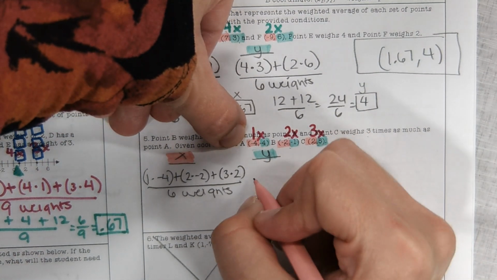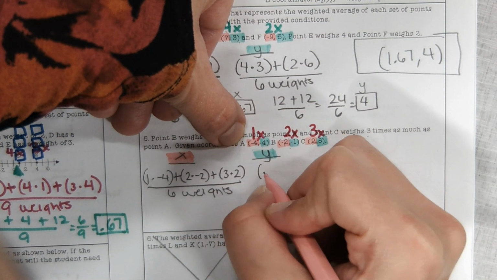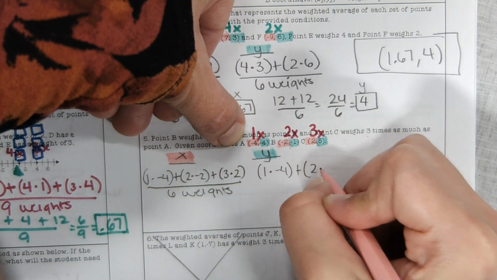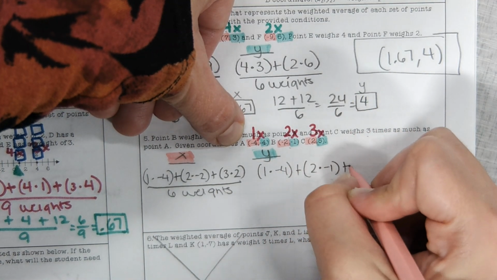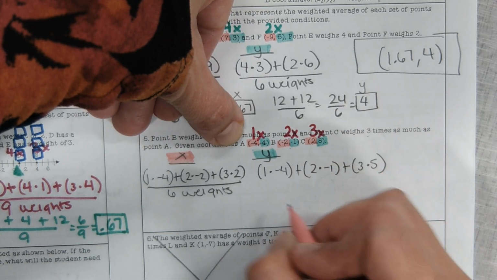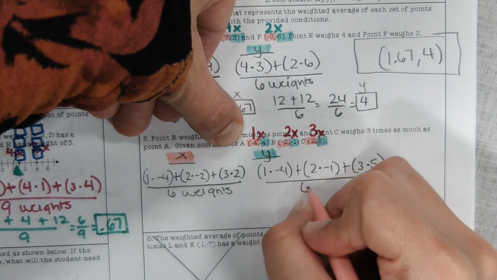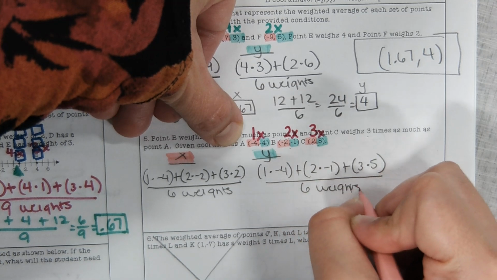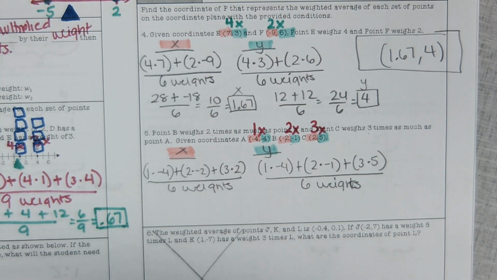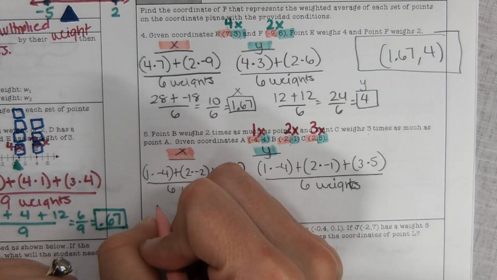And then I'll do the same thing for y. 1 times -4 plus 2 times -1 plus 3 times 5 over the total weight, 6 weights. And then we'll solve it out.